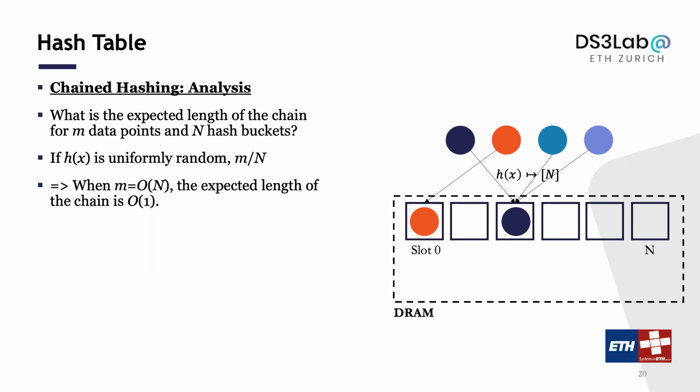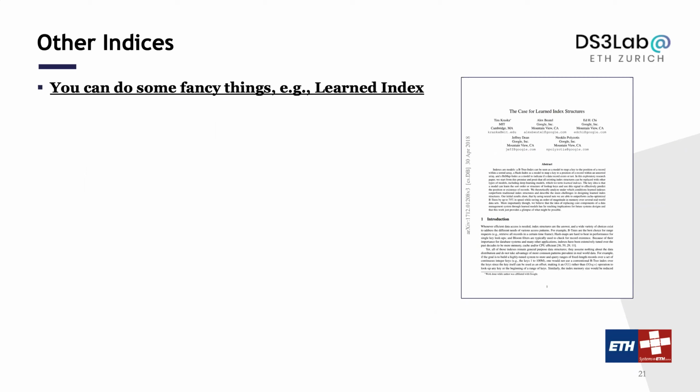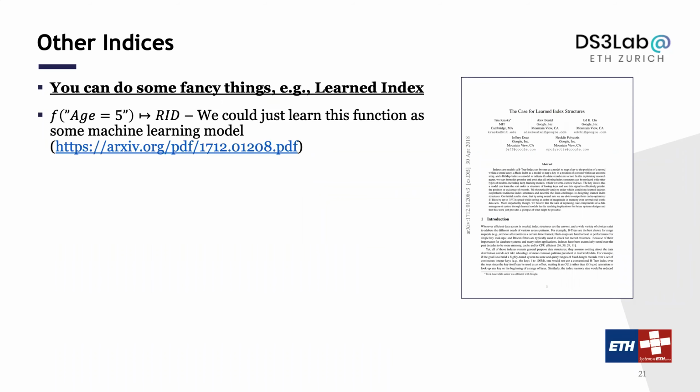Okay. So in practice, you can do a lot of fancy things to build an index. For example, there's a paper from 2018, a couple of years ago, about essentially learned index. What is the high level intuition here? We talk about an index as pretty much just a function that maps some condition to an ID of the tuple.